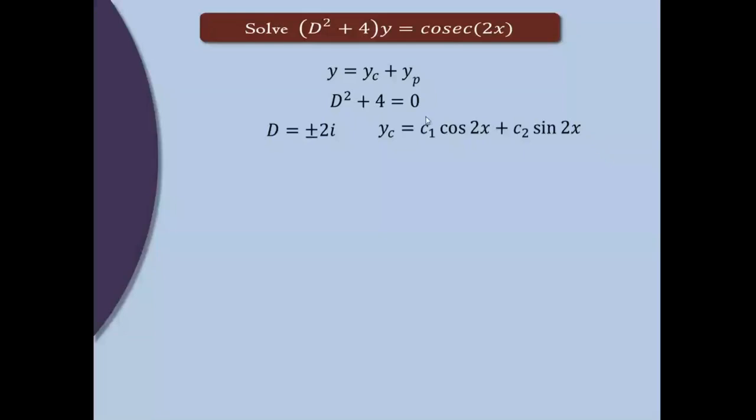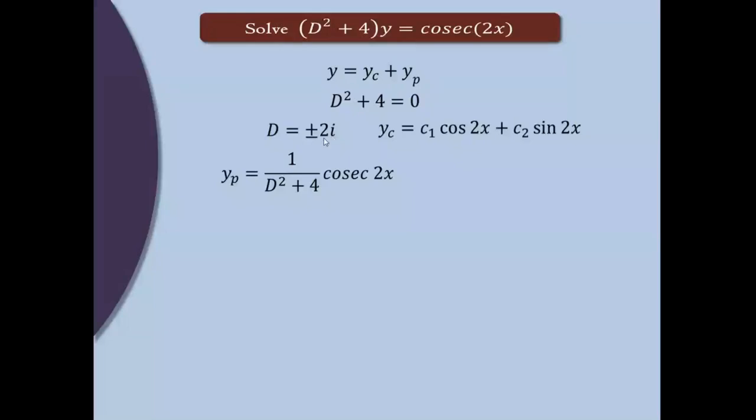Now yp. yp will be taking all this term to the other side. That is 1 upon d square plus 4 cosec 2x. Now we are taking the formula for the particular integral in which we have d minus something or d plus something. So try to find the factors of this. We know what the roots of this equation are, plus 2i and minus 2i. So d minus each root gives us the factors.